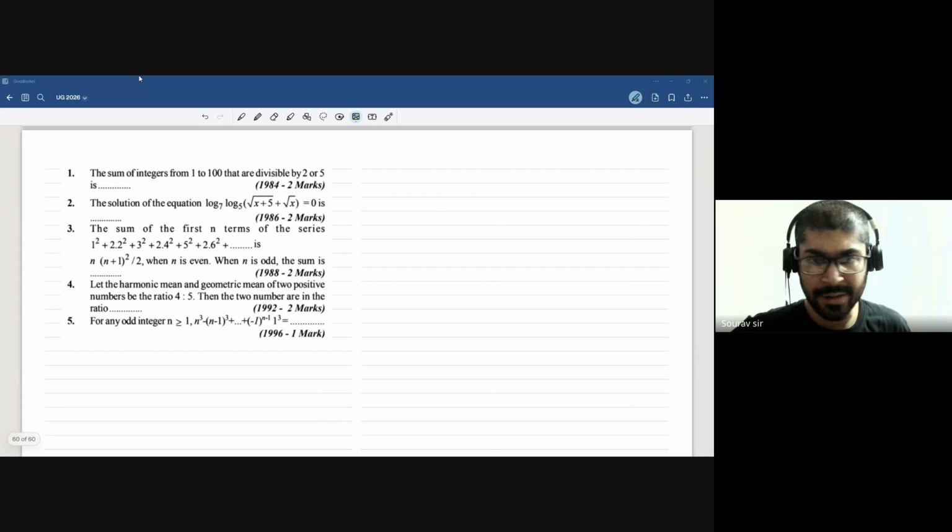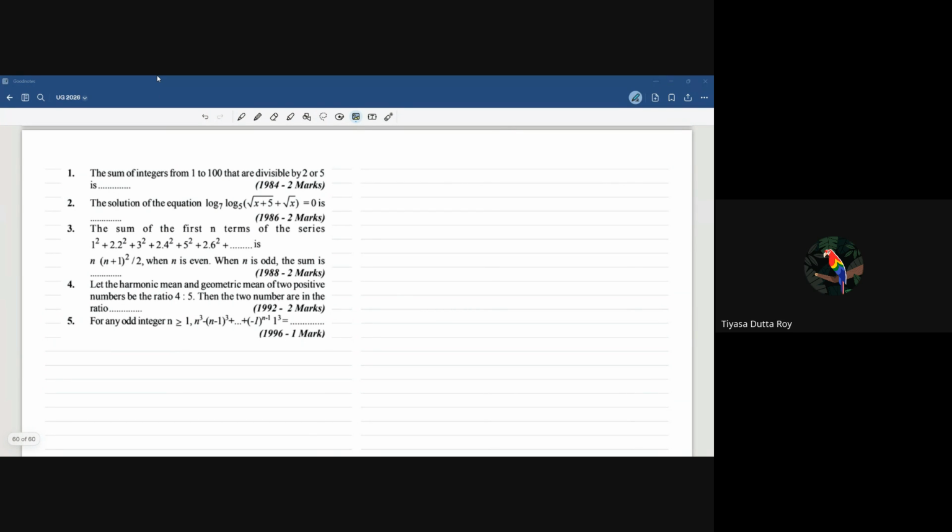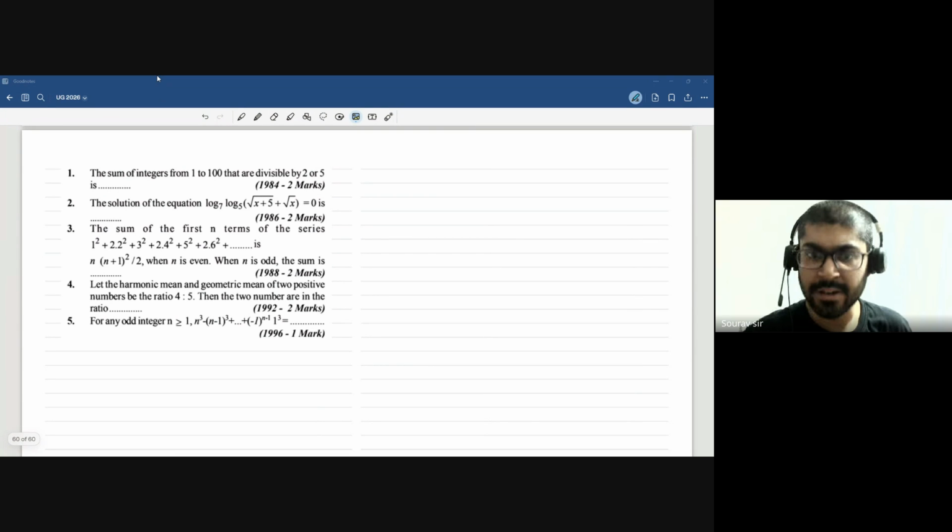That means divisible by 2, divisible by 5, and then what? Come on, these are barely more difficult than NCERT problems. Is it 3050, the first one? Yes, yes, yes, yes. How did you do it?